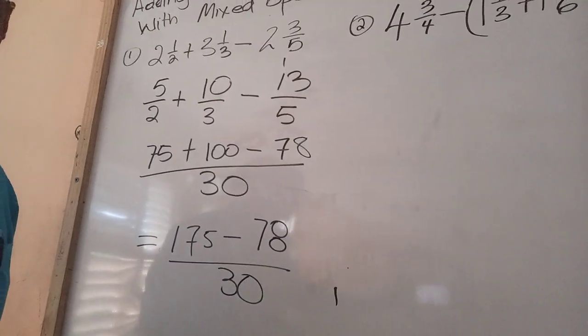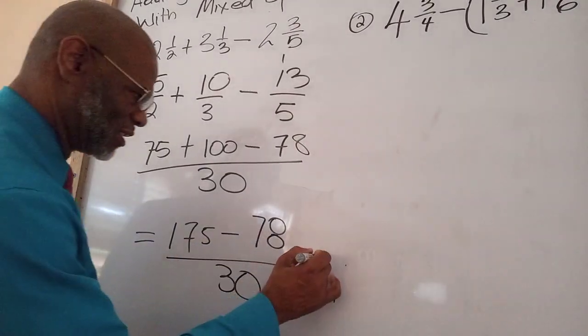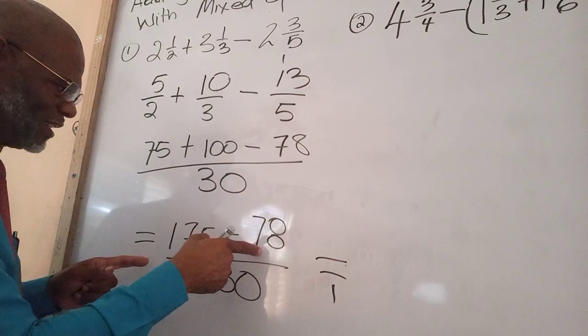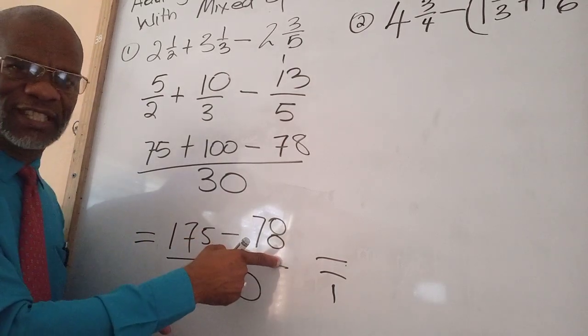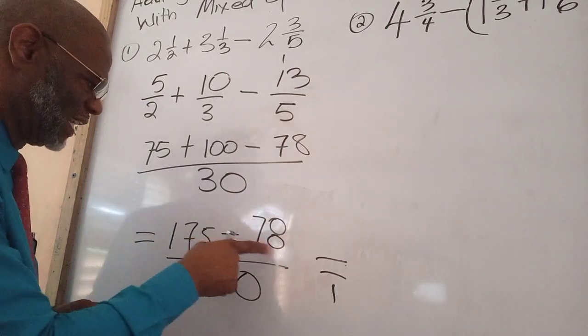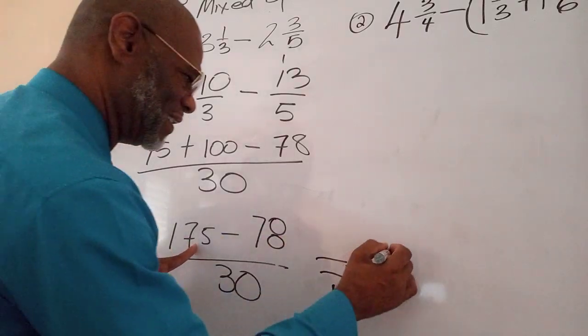Now let's go across here. We now have 175 minus 78. That will give us what? 8 from 15 is 7.